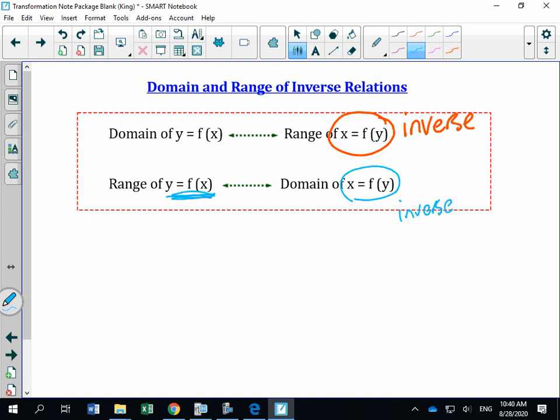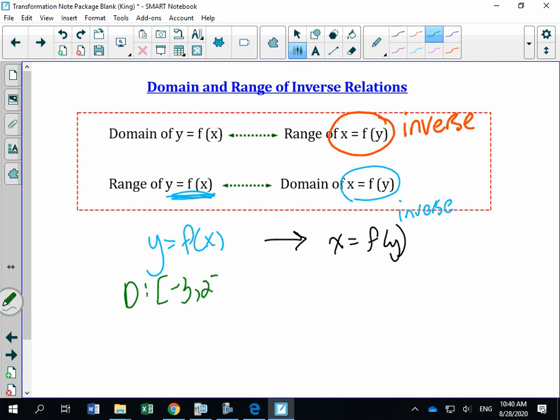Just to illustrate this again, y is equal to f of x. If it undergoes the transformation and it's an inverse relation, we're going to have x is equal to f of y. Let's say I give you the domain of this function, from -3 to 2, and the range, from -6 to 8.